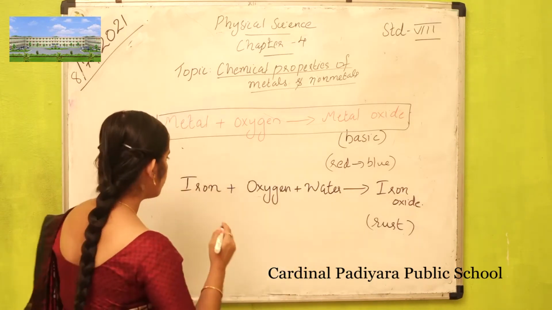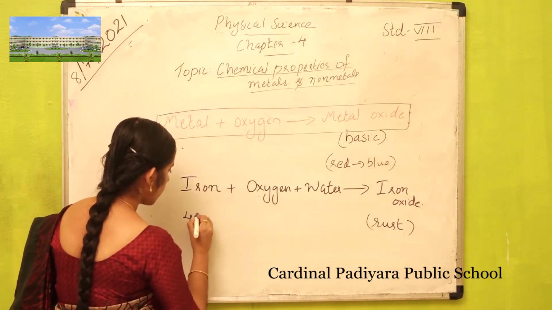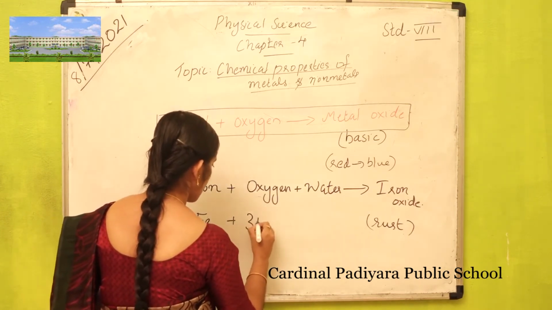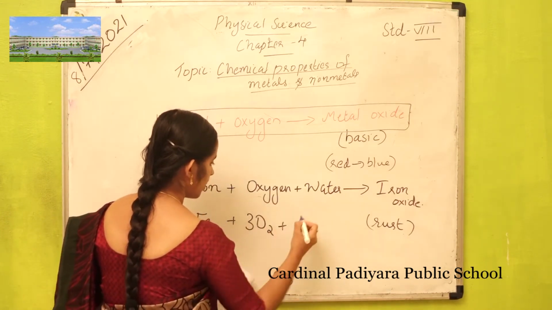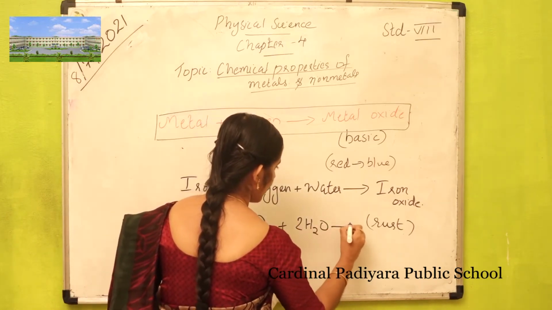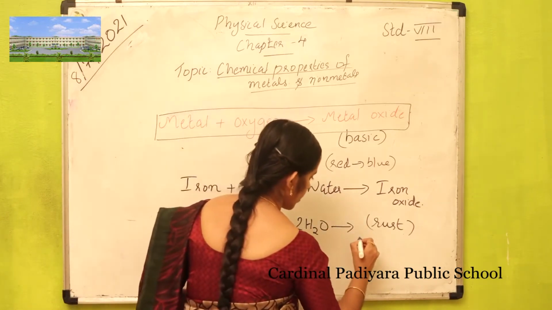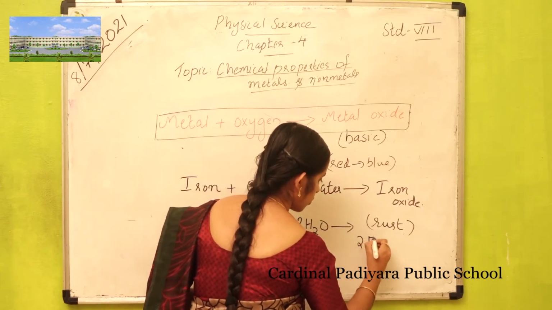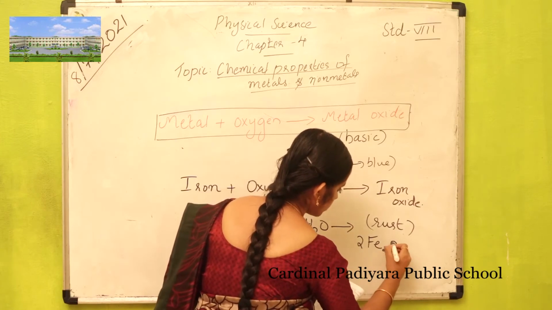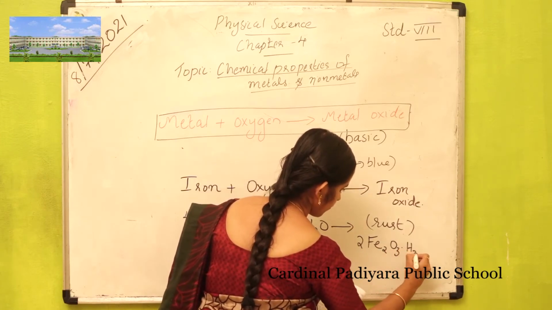The chemical equation is 4Fe plus 3O2 plus 2 molecules of H2O to form 2 molecules of iron oxide. The formula of iron oxide is Fe2O3.xH2O.